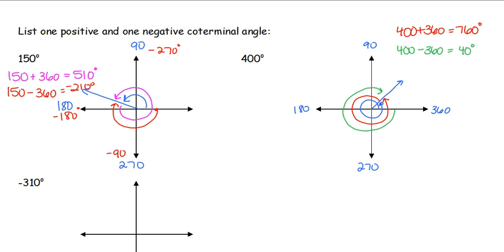The reason for that is if I go from the original ending point and go 360 degrees around, I haven't gotten to the negative angle measure yet. So I need to go more than one rotation. When I get to that 360, I have to keep going again, and then this part right here is showing a negative angle measure.